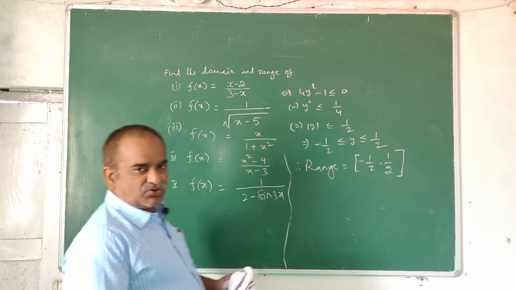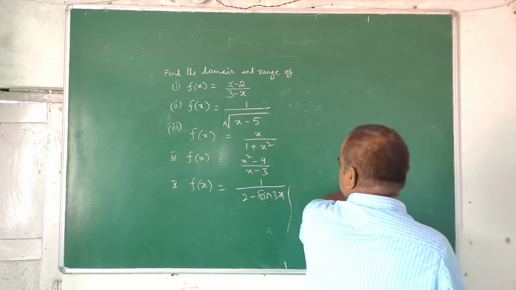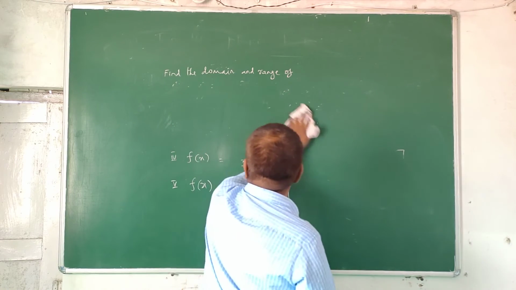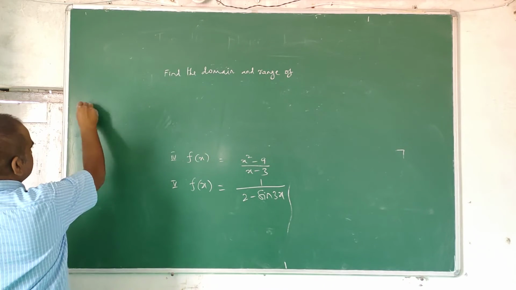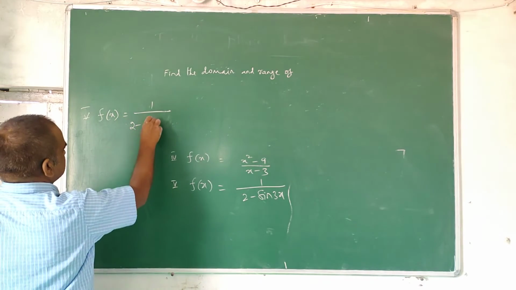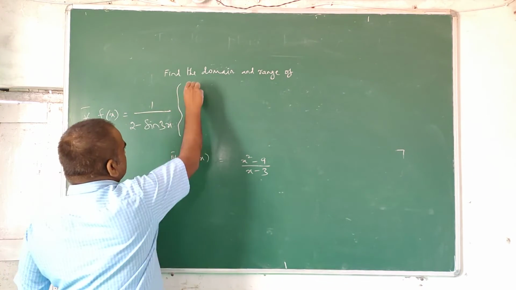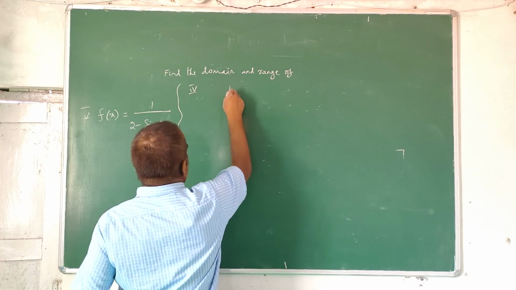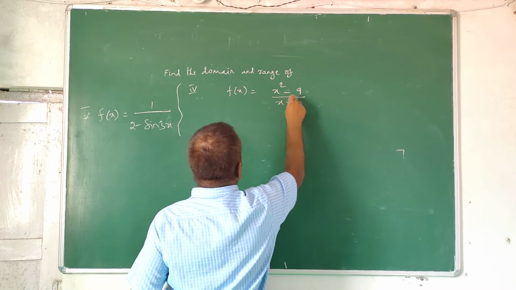Understood? Now coming to the fourth question. So the fourth question is f of x is equal to x square minus 9 by x minus 3.